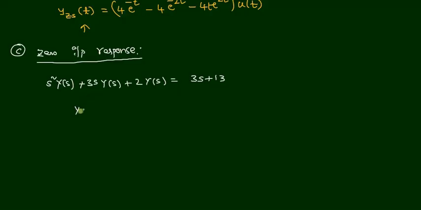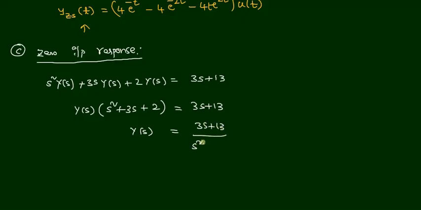Now taking Y(s) common, (s²+3s+2)Y(s) equals 3s plus 13. So Y(s) equals (3s+13)/(s²+3s+2).